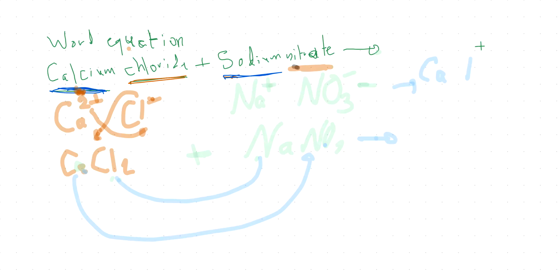I will ask you to try one now. 2 plus and nitrate 1 minus. How will it be? Calcium nitrate. Because this 2 will go down, we will open a bracket and we will put 2. Plus, what do we have?